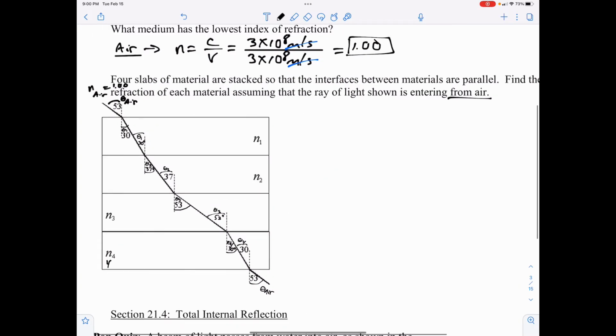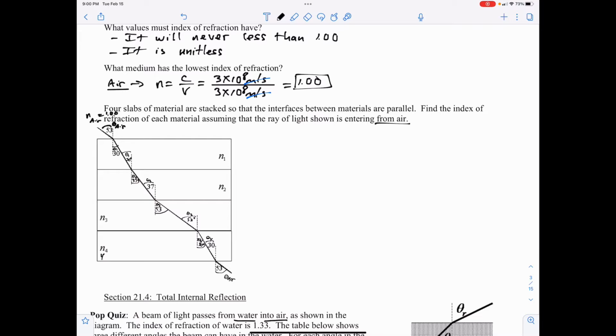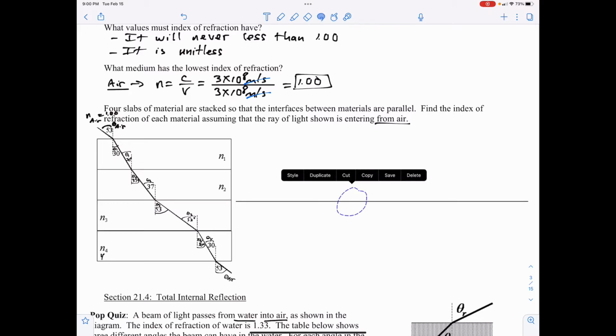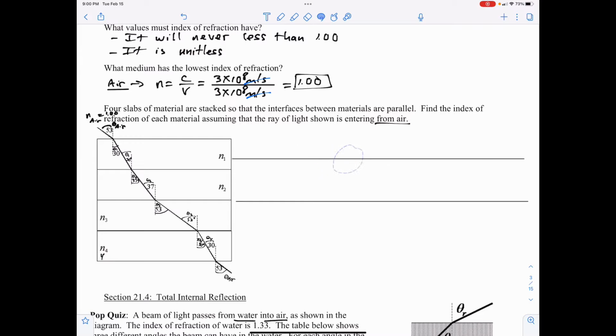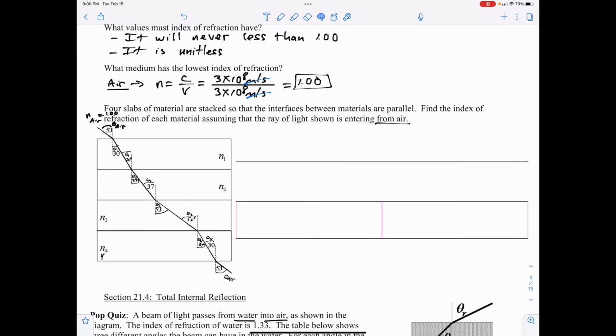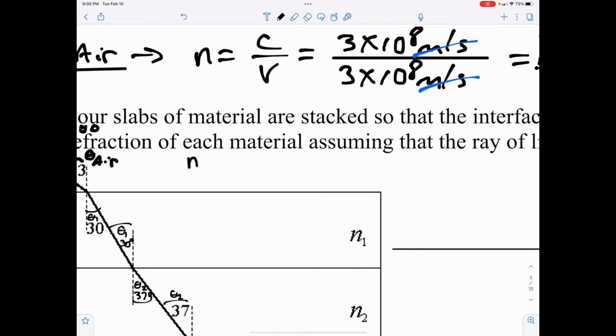Okay? So now to work the problem out, let's go ahead and divide our space into sections like this. Okay, and we're going to be working with this basic equation called Snell's law.